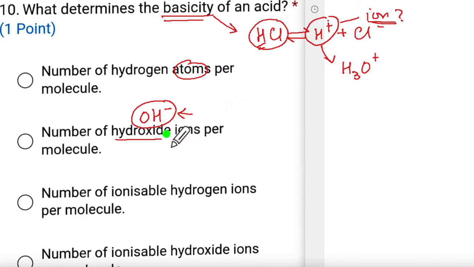So definitely this also is not the option. The number of ionizable hydrogen ions per molecule. Now ionization has taken place and we have got the hydrogen ion. So it is correct, this one. Fourth option, number of ionizable hydroxide ions. Now OH- will be for the alkali, so this also is not the option. So the correct option is this.